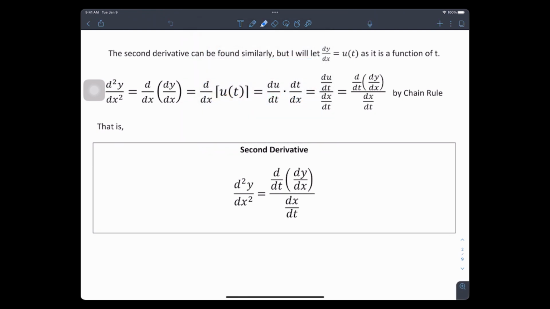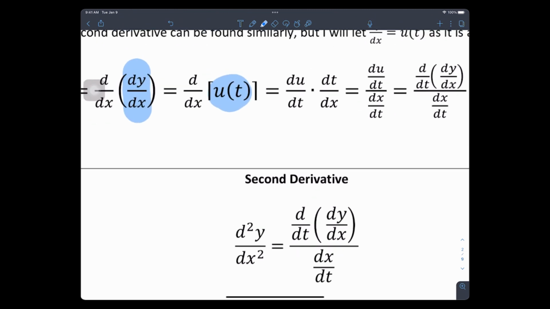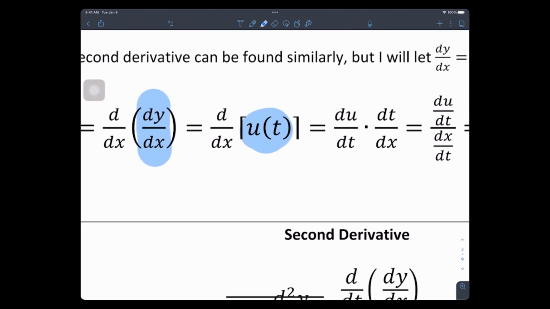D squared y dx squared equals d dx of dy dx, which is what I just put down, the definition. But I want to make sure you understand. You see this dy dx? I replace it with u of t. The reason I did that in these notes is I'm just trying to say that's a function of t, so I had to find another letter, just to make sure people were clear.